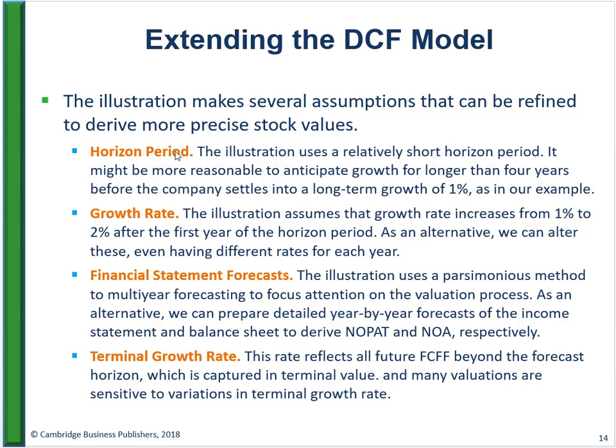If you say the economy is going to grow at about 3%, then that would be a reasonable assumption. Procter & Gamble here assumed 1%, which I would just point out that's less than inflation. So over time, that's a fairly conservative estimate.